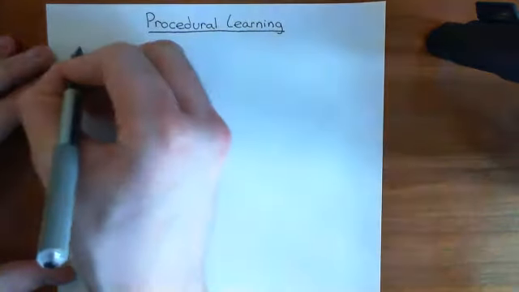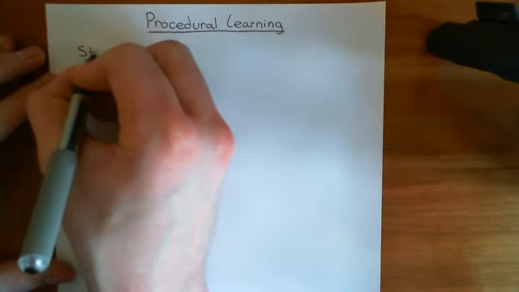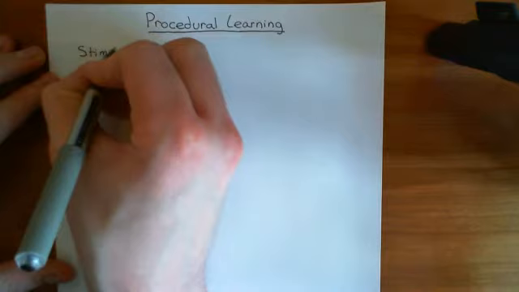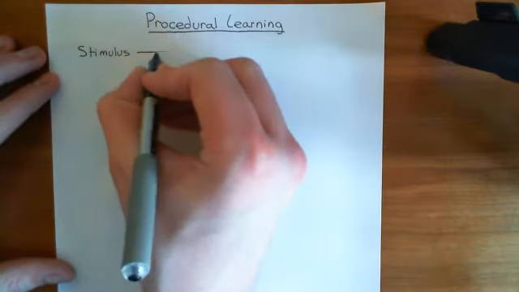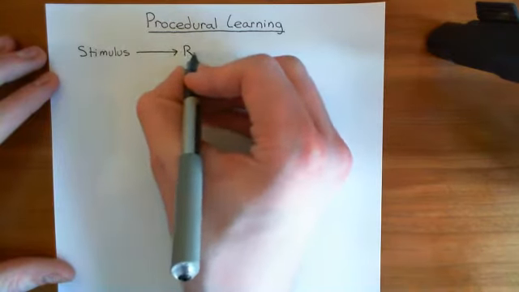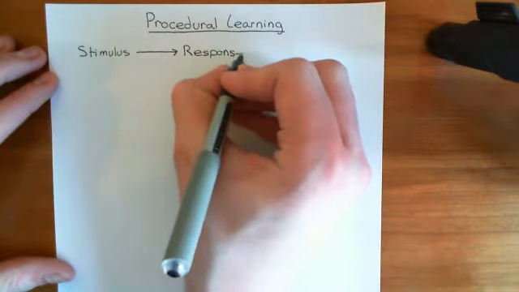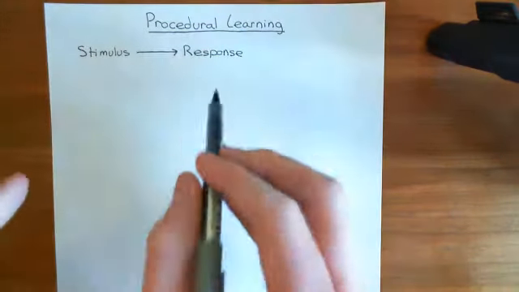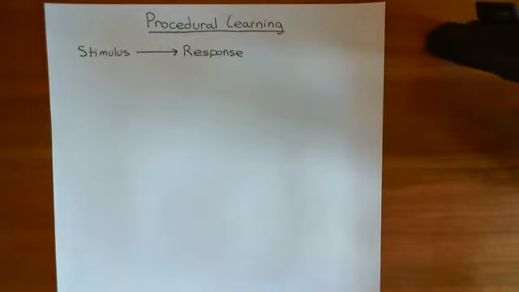The basic setup is that you get sensory input coming in, which is detected by sensory receptors, and you're going to produce some response to this. Procedural learning is about changing the response to the stimulus based on past experience.